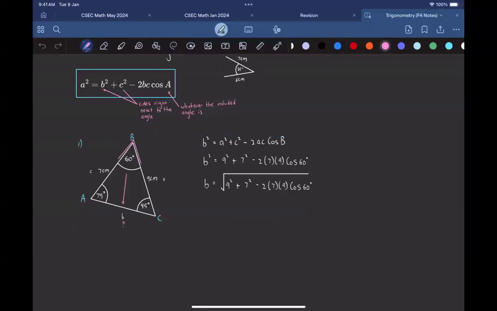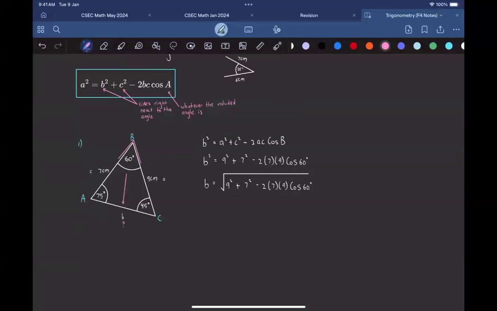I just want to clarify one thing. How you have b squared, the very first sign, that's just the length of the included angle. You change up the formula. No, I didn't rearrange the formula.